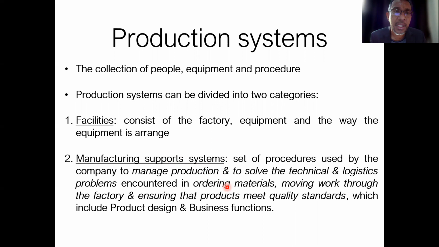These two are related and have interaction with each other. The manufacturing support system will monitor and control the people inside the facilities, inside the plant, and also control the equipment and machining. So the facilities and the manufacturing support system make up the production system.